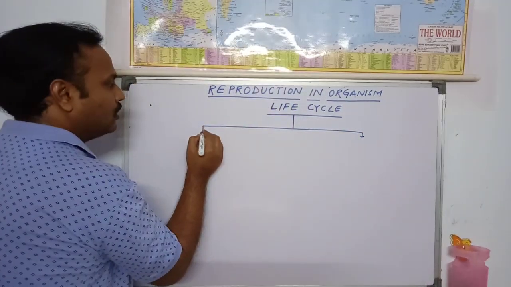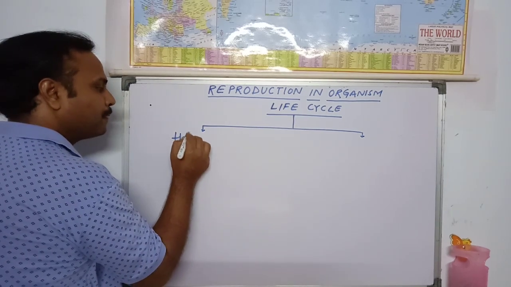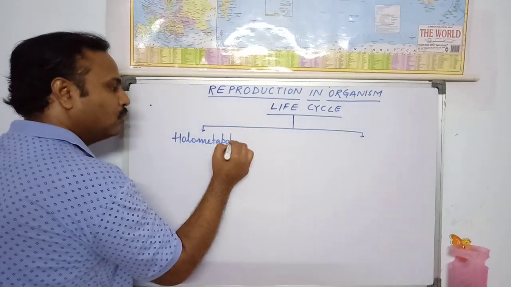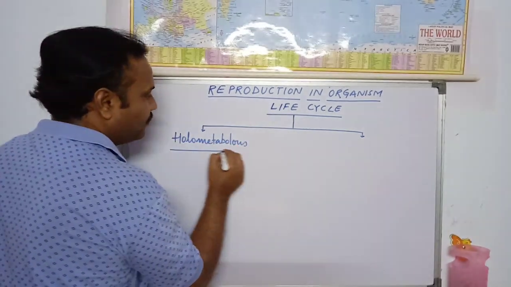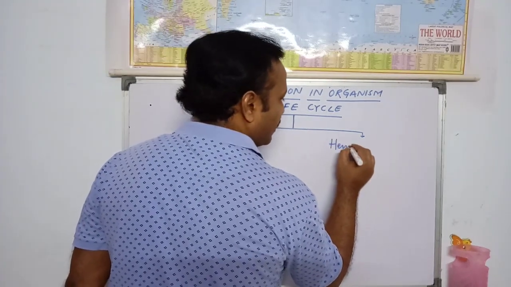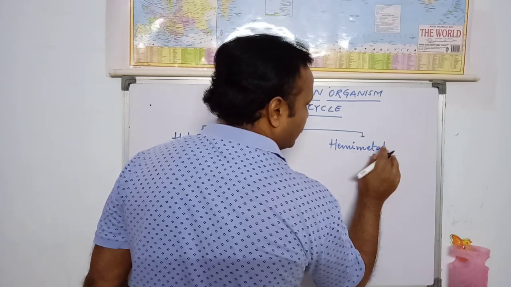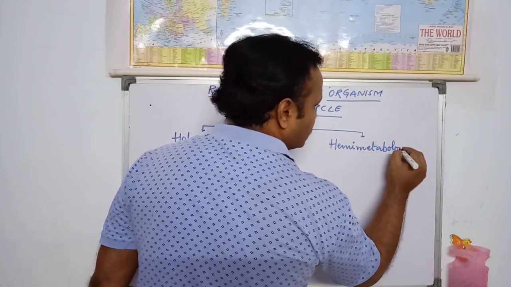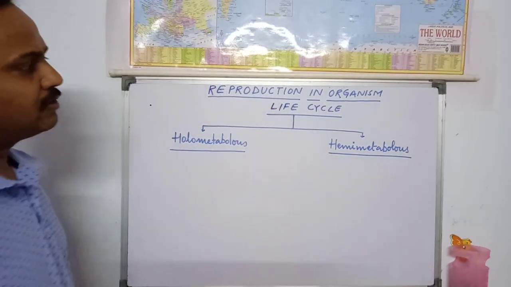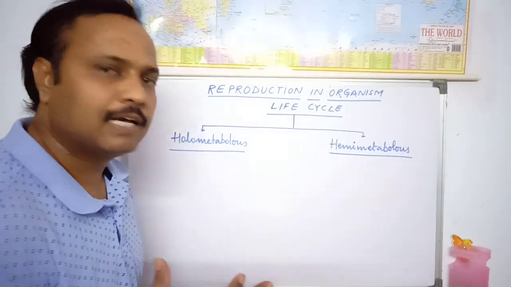One is called holometabolous, and the second one is called hemimetabolous. Holometabolous type of life cycle and hemimetabolous type of life cycle.